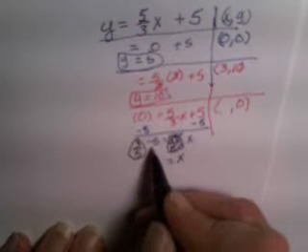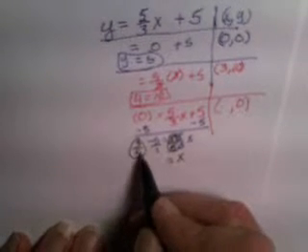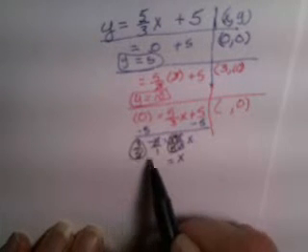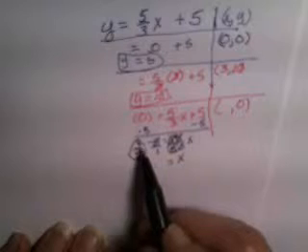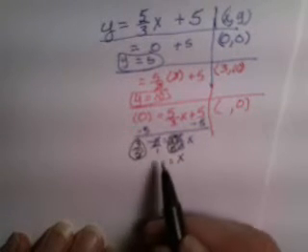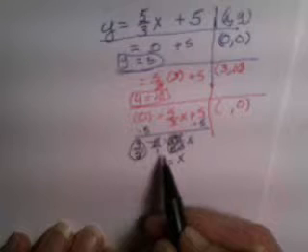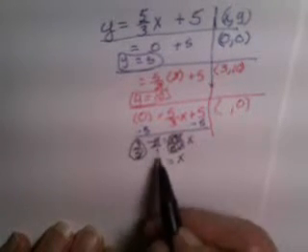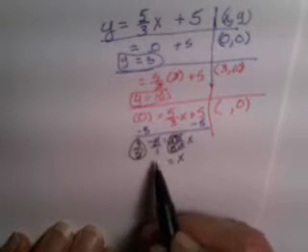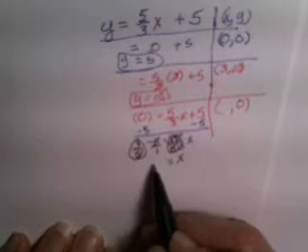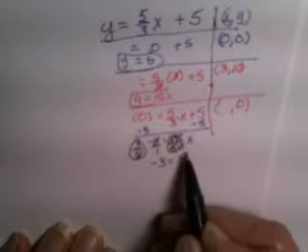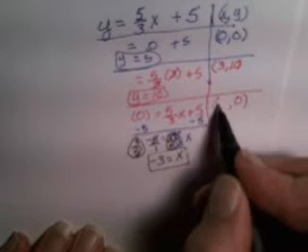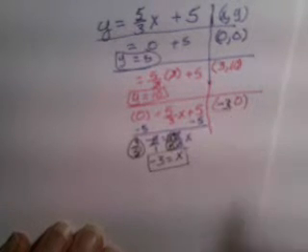And on this side, if we put the negative 5 over 1, our 5's will cancel, and we'll have 3 times a negative 1, and 3 times a negative 1 is negative 3. So now we know that x is equal to negative 3.